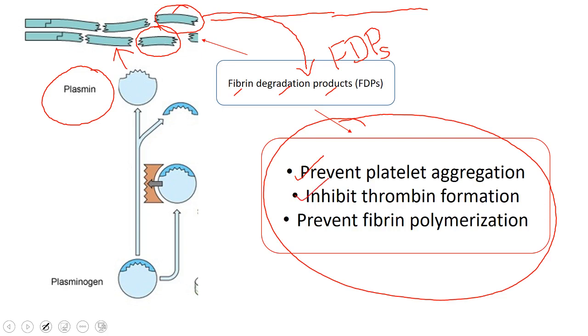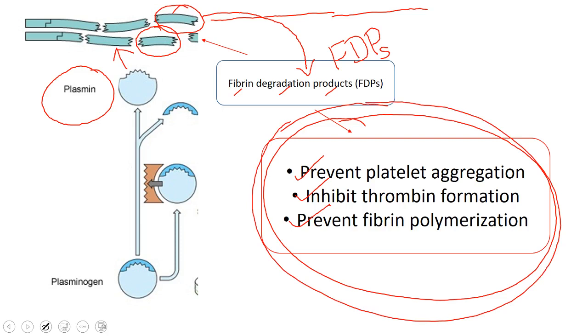They also inhibit formation of the clotting factor thrombin, and they also inhibit polymerization of fibrins. So all these are good properties related to thrombus.